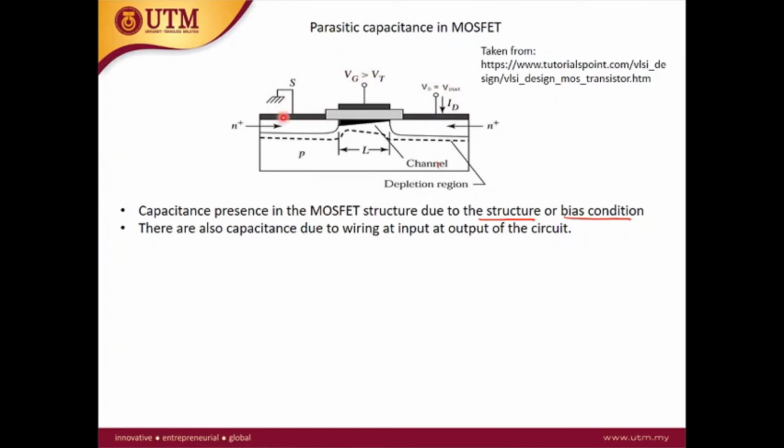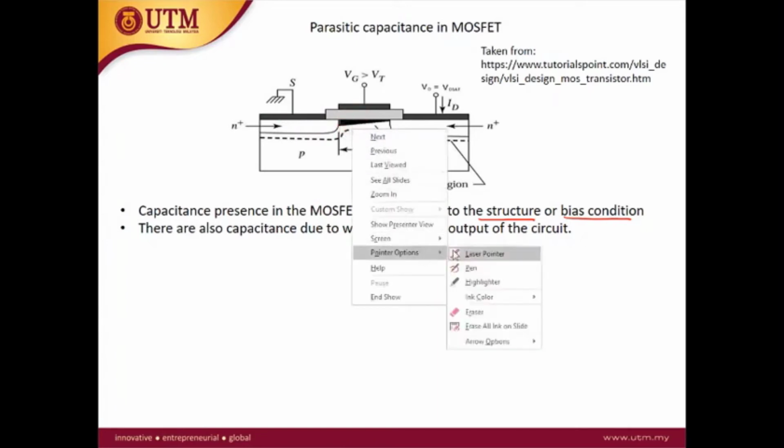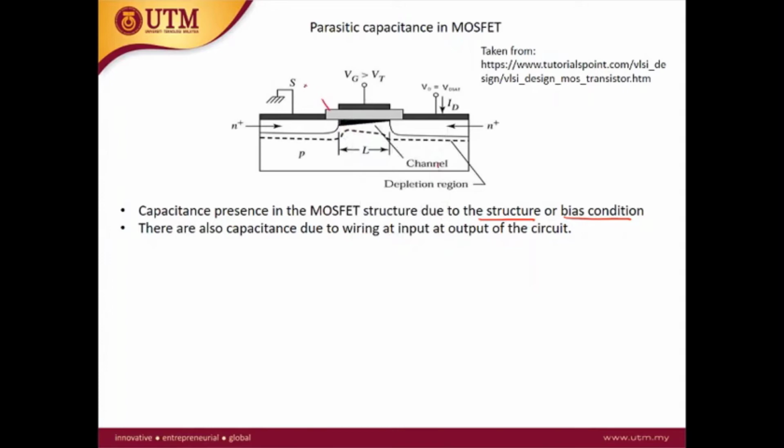The black color here is a metal electrode, and the gray one here is the insulator. The basic structure of a capacitor is two metal plates, or two conductors, and in the middle of the conductors we have an insulator.